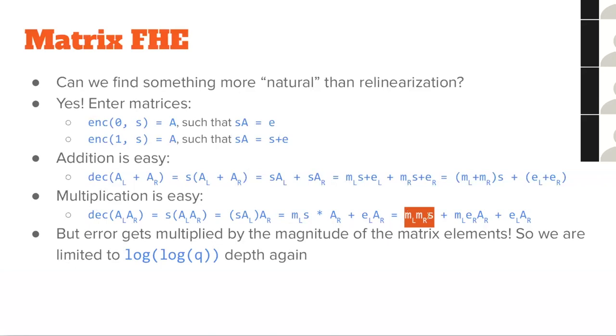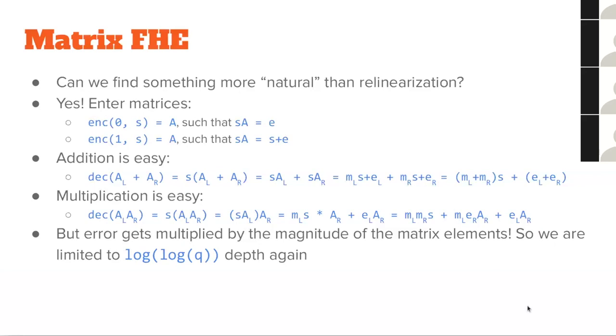And then you have the two error terms. One of the error terms is the left error multiplied by AR, and the other is the right error multiplied by AR multiplied by the left message.